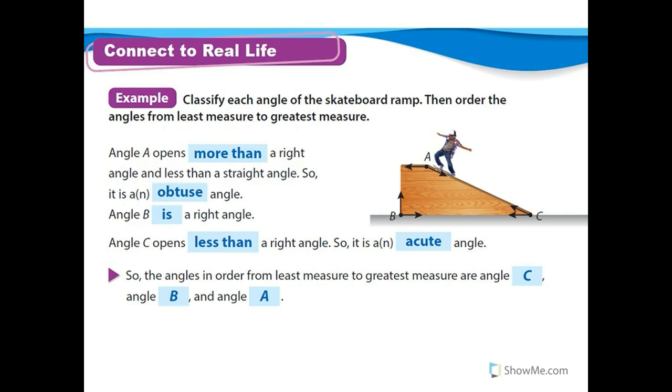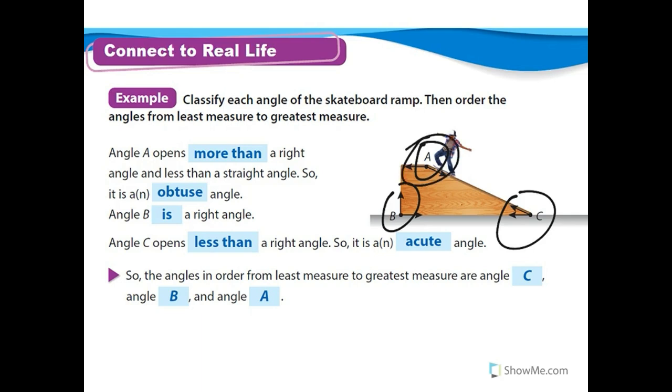Let's connect this to real life. Our example says, classify each angle of the skateboard ramp, then order the angles from least measure to the greatest measure. They've got A here, B here, and C here. Angle A opens more than a right angle and less than a straight angle.